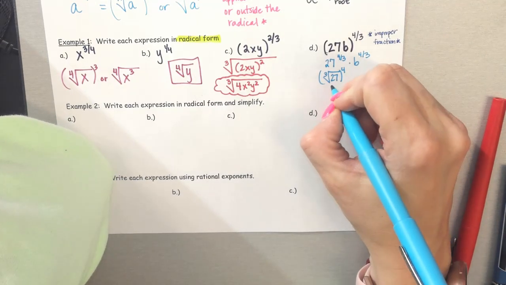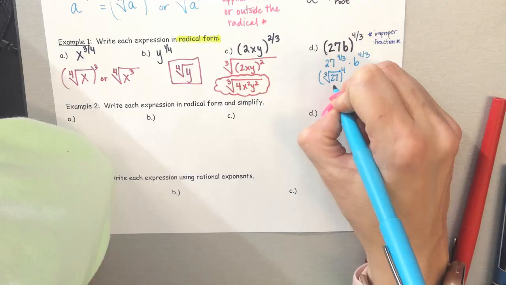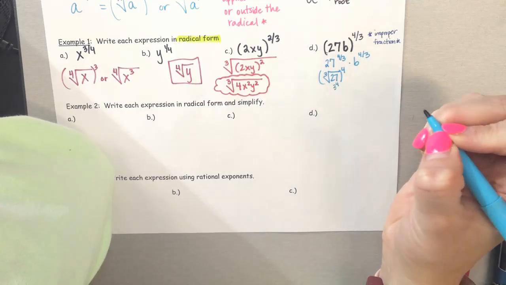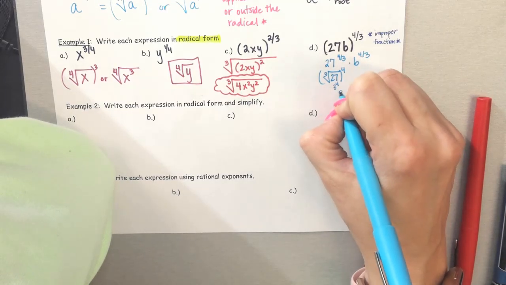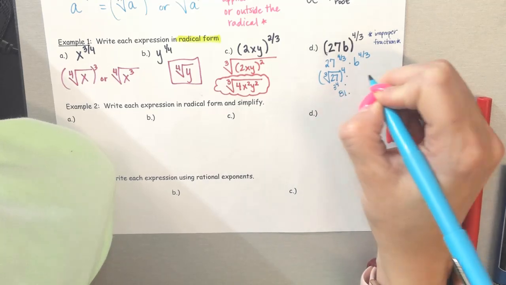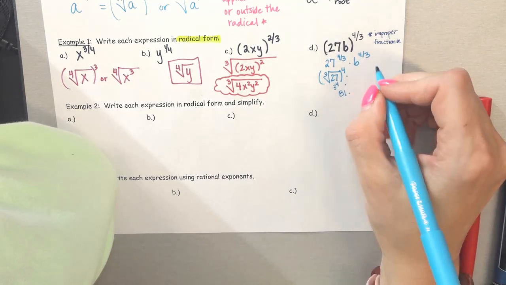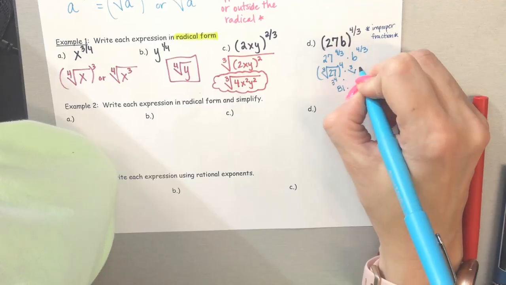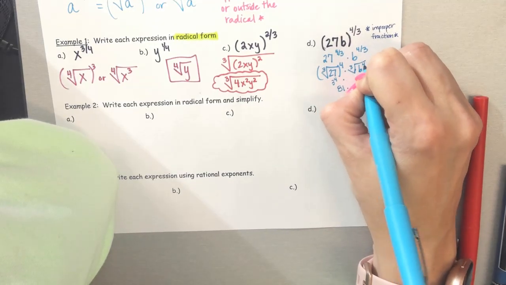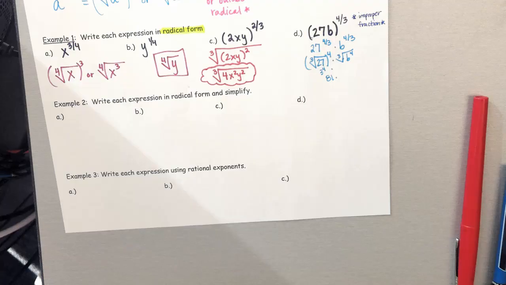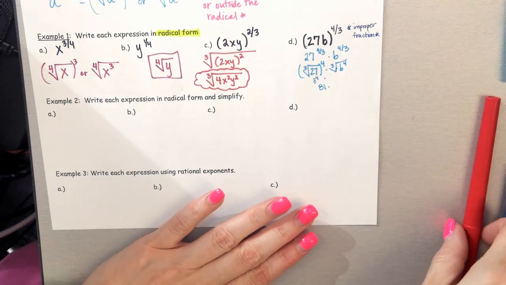So the cube root of 27 is what? 3. 3 to the 4th is 81. And then for b to the 4/3, that's just going to be the cube root of b to the 4th. And then we're going to apply what we learned yesterday.